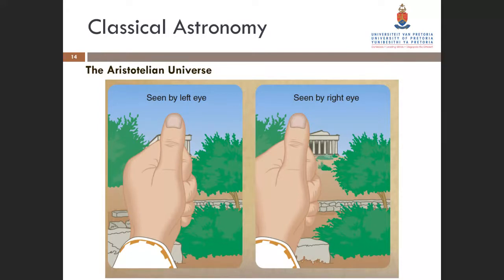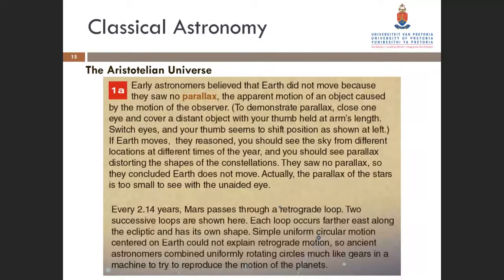But if you keep your hand in the same place and close your left eye and open your right eye, you see the object far away has shifted a little bit. That means your two eyes are seeing this a little bit differently. And yes, Mr. Melville, you are correct. This principle is called parallax.